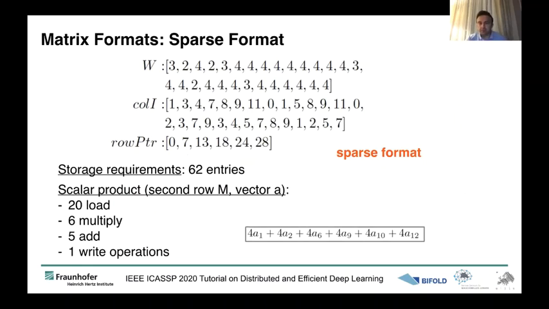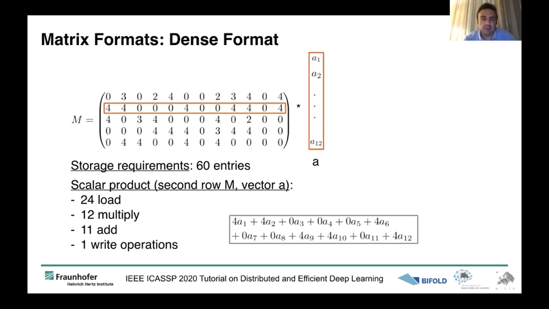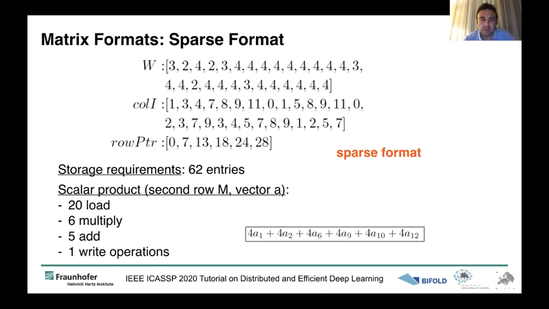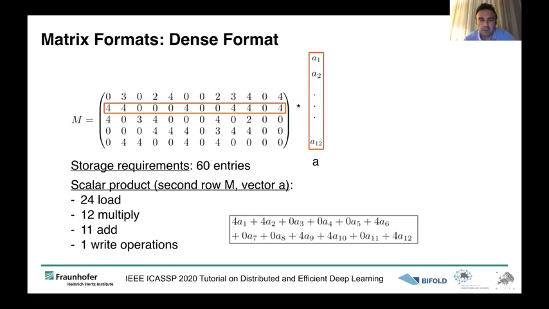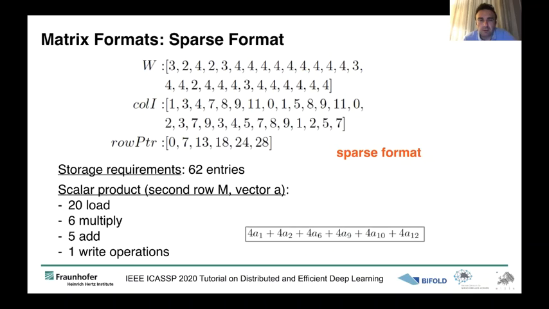In sparse formats, you don't save every number, but you save just the non-zero numbers, and you save some column index, and you need to save some row pointer. So W is the numbers which you save. So 3 is in the first column.